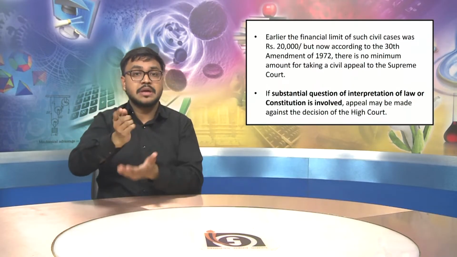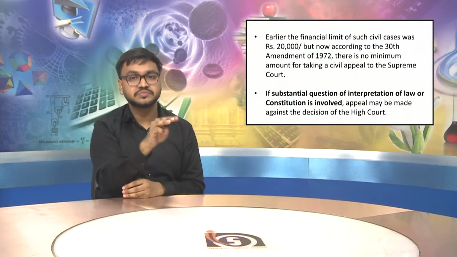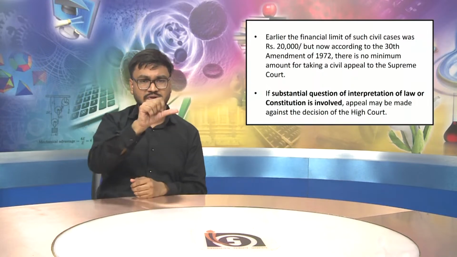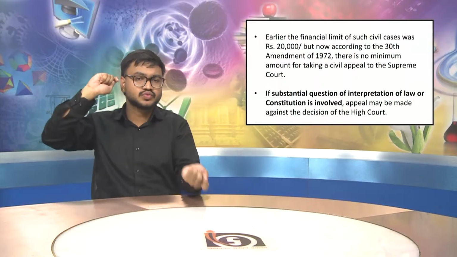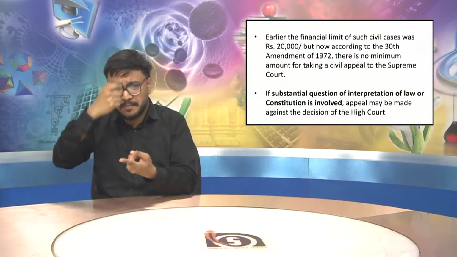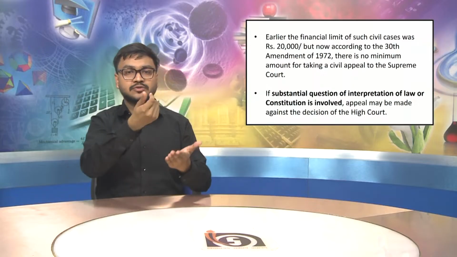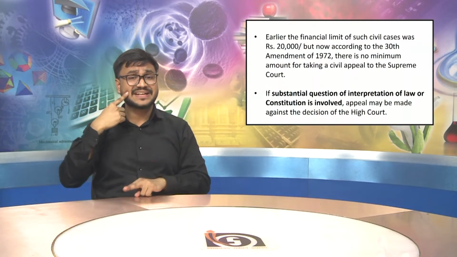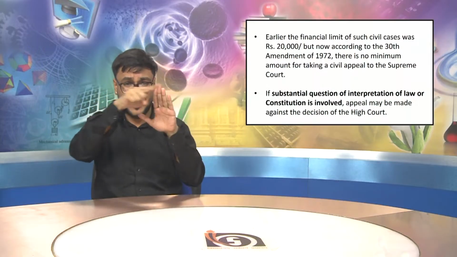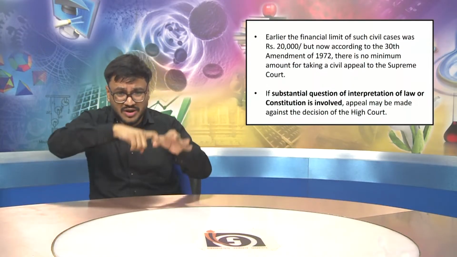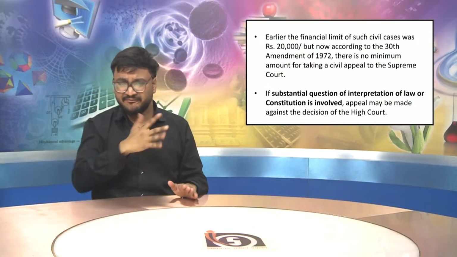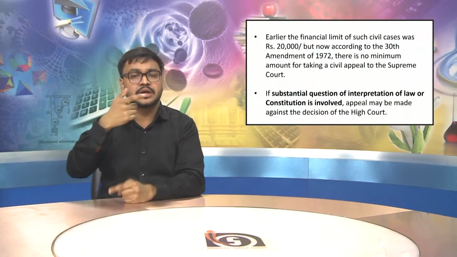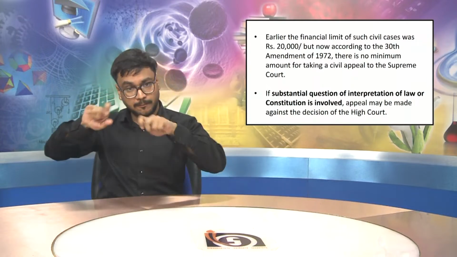Earlier, the financial limit of such civil cases was rupees 20,000, but now, according to the 30th Amendment of 1972, there is no minimum amount for taking a civil appeal to the Supreme Court. If a substantial question of interpretation of law or constitution is involved, an appeal may be made against the decision of the High Court.